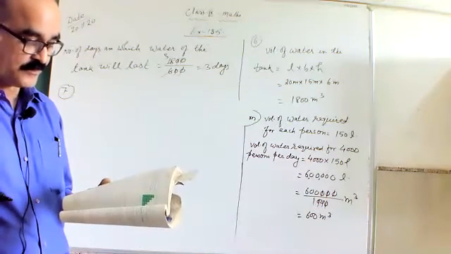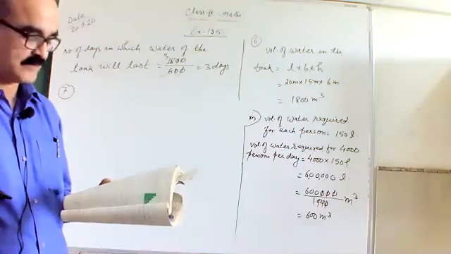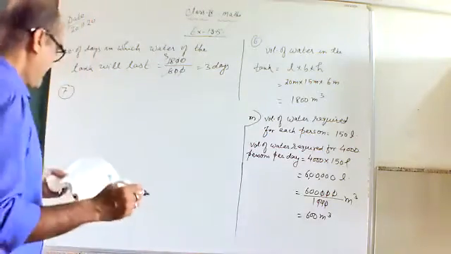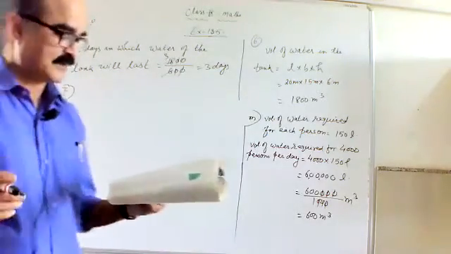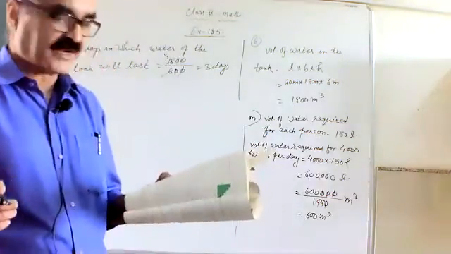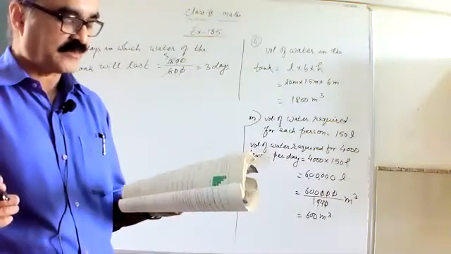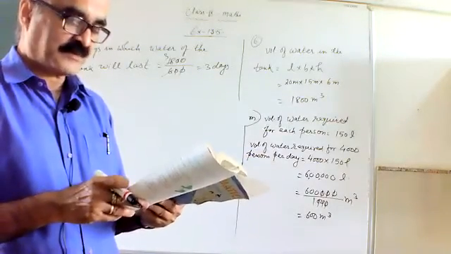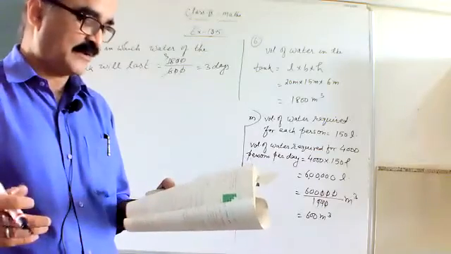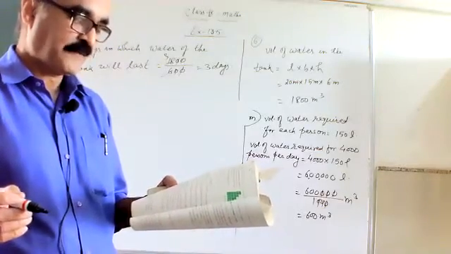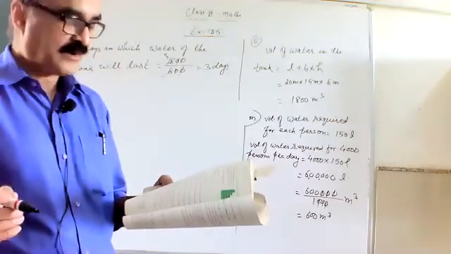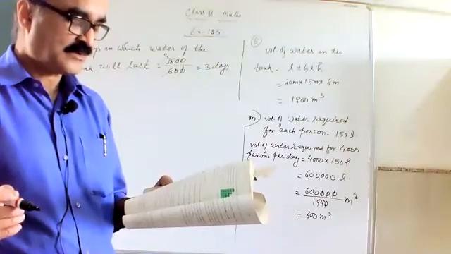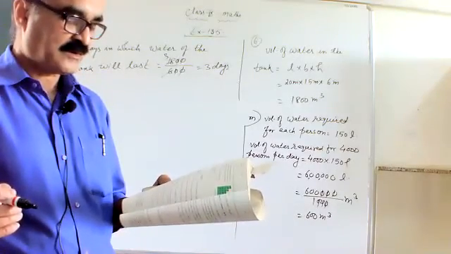Yes, 40 into 25 into 15, na? Sir, yes, sir. Then find the maximum number of wooden carrots measuring 1.5 meter into 1.25 and 0.5.